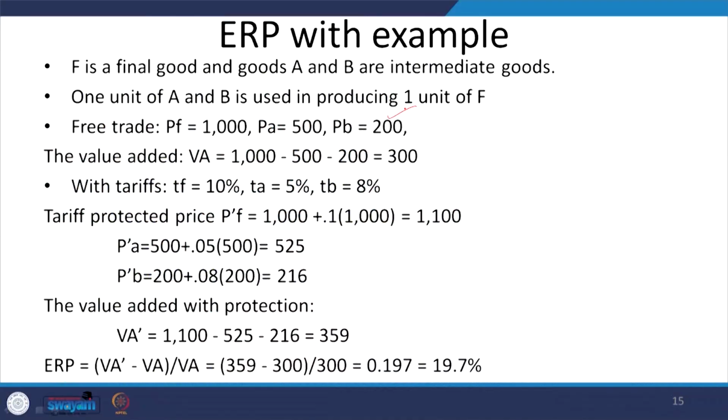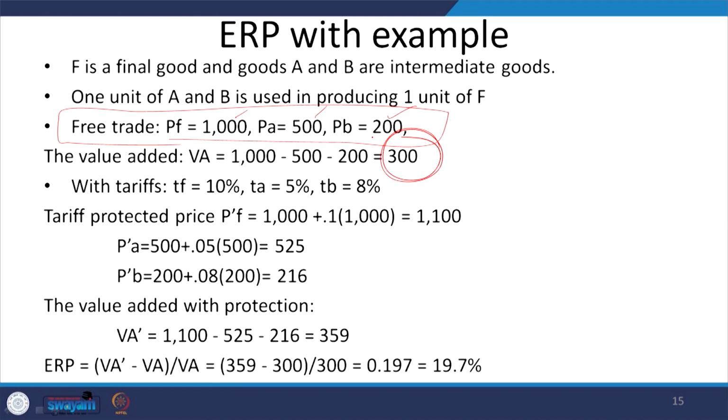Now, these are the prices before tariff. So, the price of intermediate goods is 500 plus 200, that is 700, and the final price they are selling at the market is 1000, minus 700.